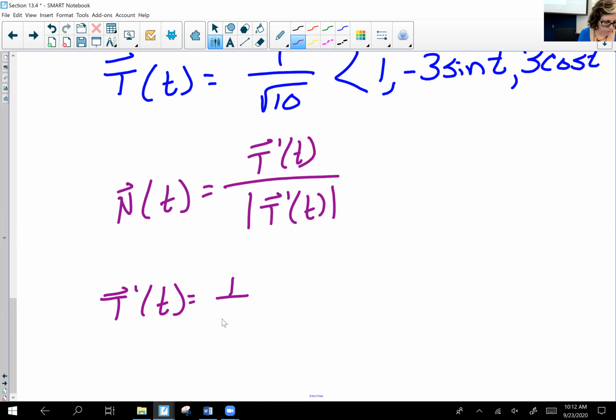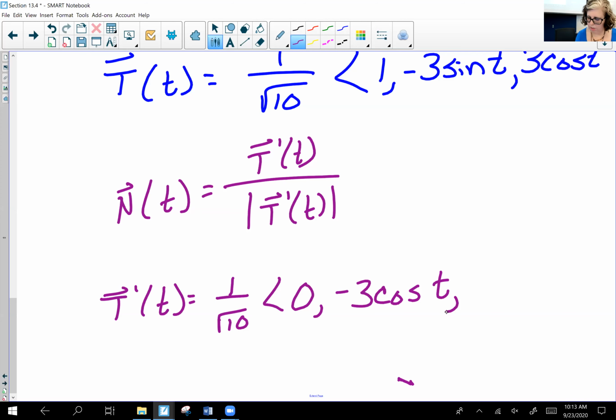The 1 over the square root of 10 is just going to hang out front. The derivative of 1 is 0. The derivative of the negative 3 sine of t is negative 3 cosine of t. And then the 3 cosine of t is going to be negative 3 sine of t.